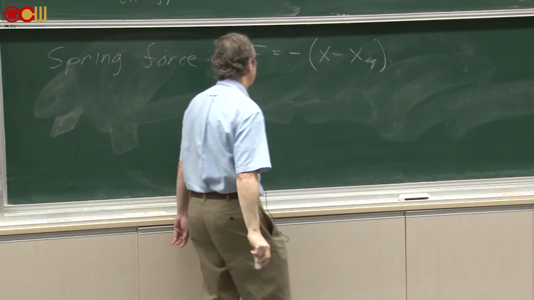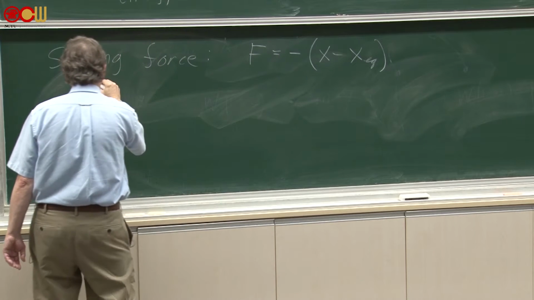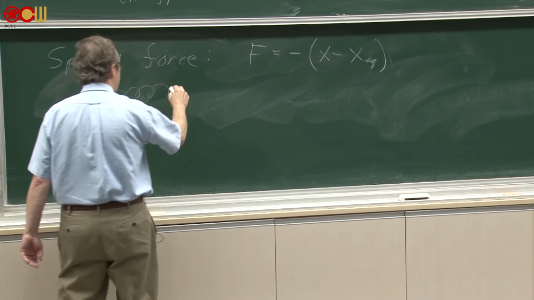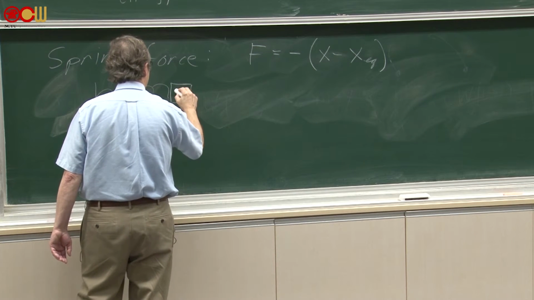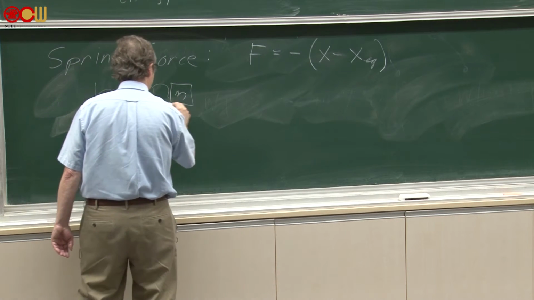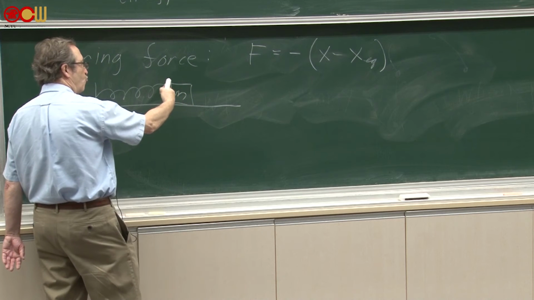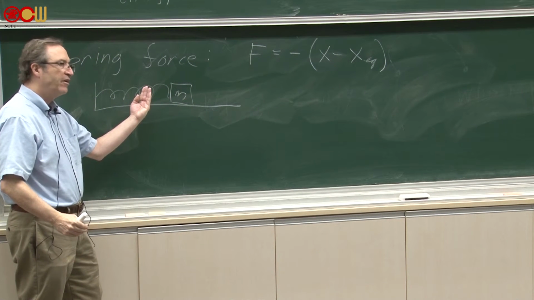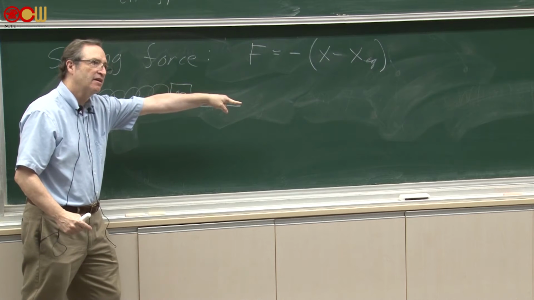You can think of this as a spring. And if I had a mass at the end of it, then if I compress the mass, if I move it this way, the spring force will be that way.